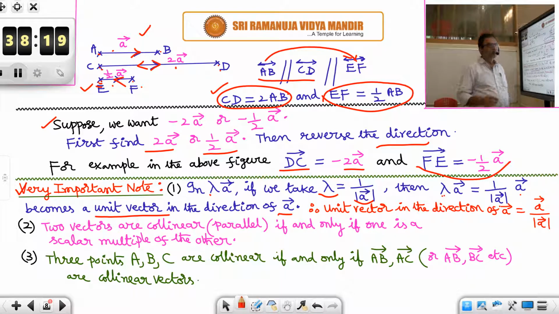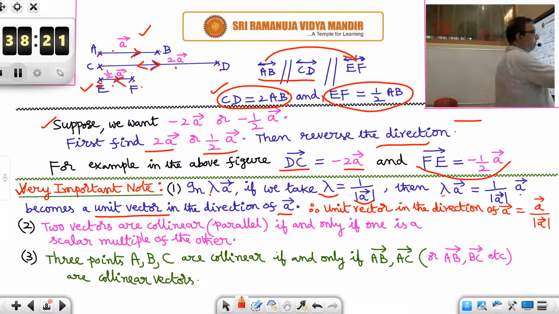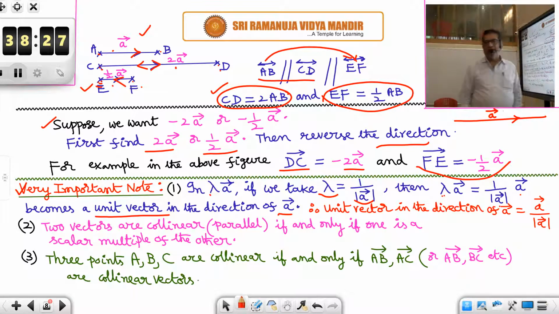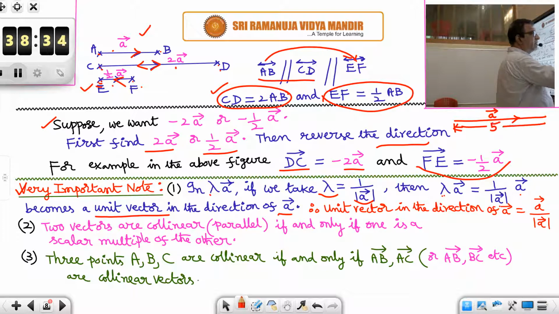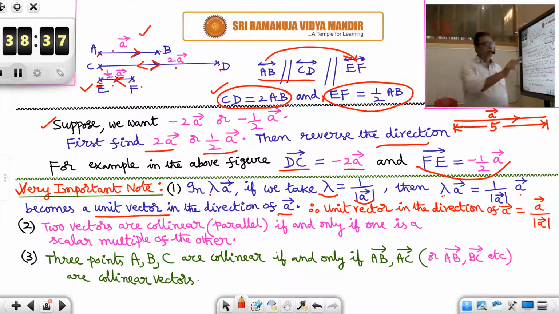For example, this is the vector A bar. Suppose its magnitude is 5 units. That means the length of this line segment is 5 units, is it not? Magnitude is represented by the length of the line segment.